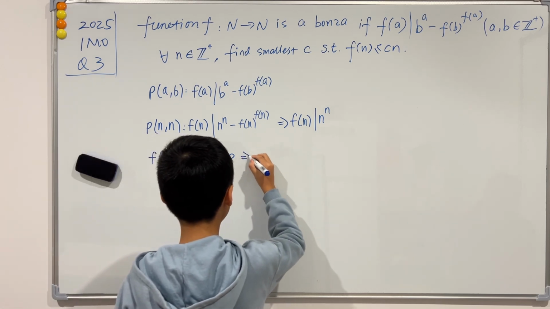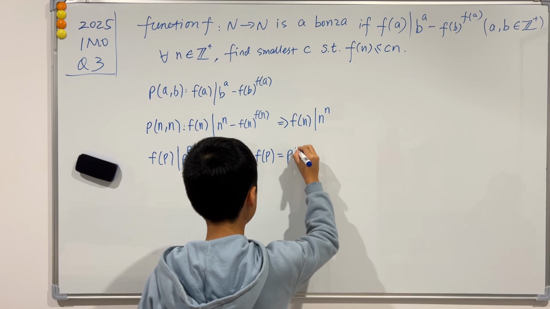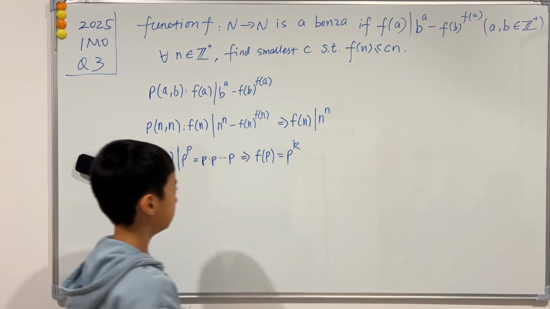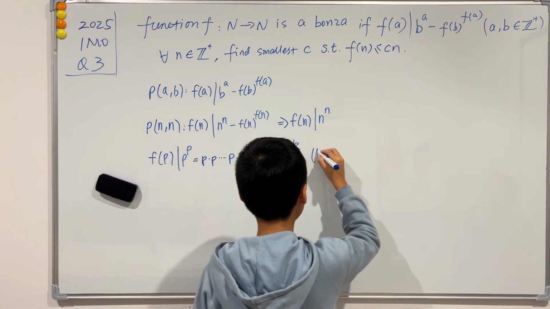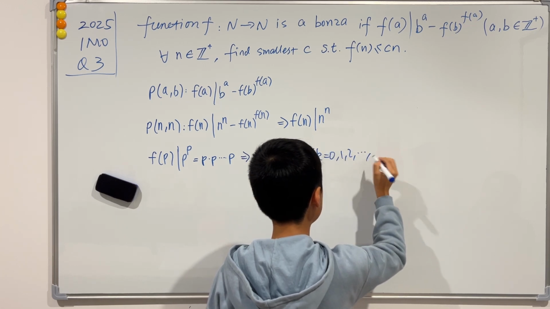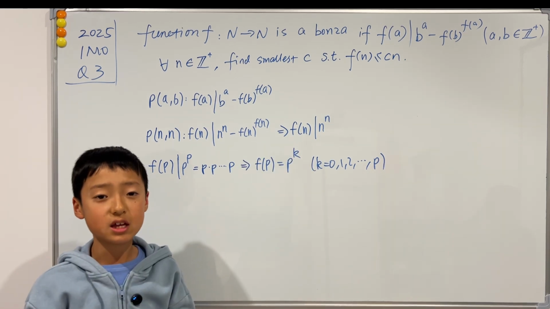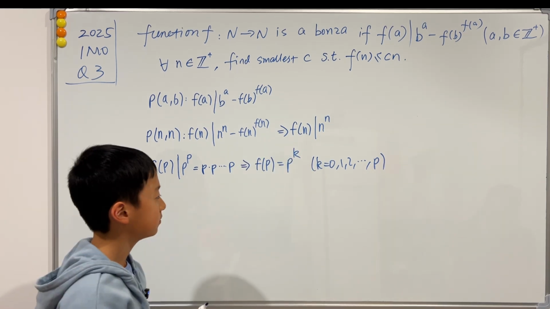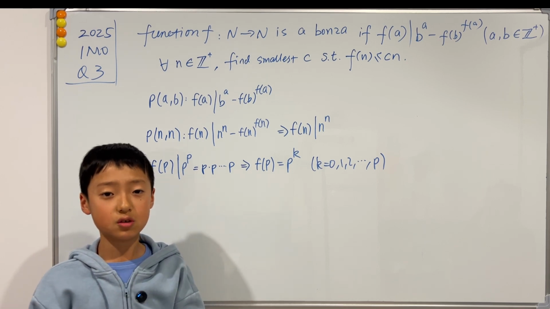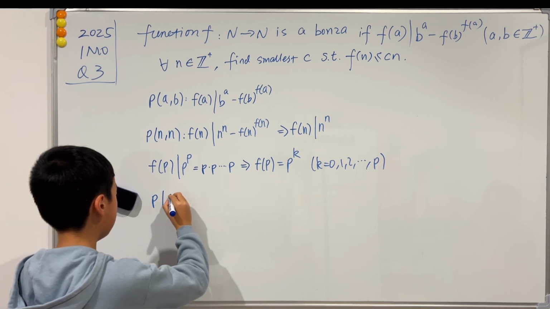So now f(p) must be some power of p because p is prime. So we know that f(p) must be equal to p^k, and we know that k goes from 0 to p. So what if k is not equal to 0? Well, if k is not equal to 0, then we know that p can divide f(p).